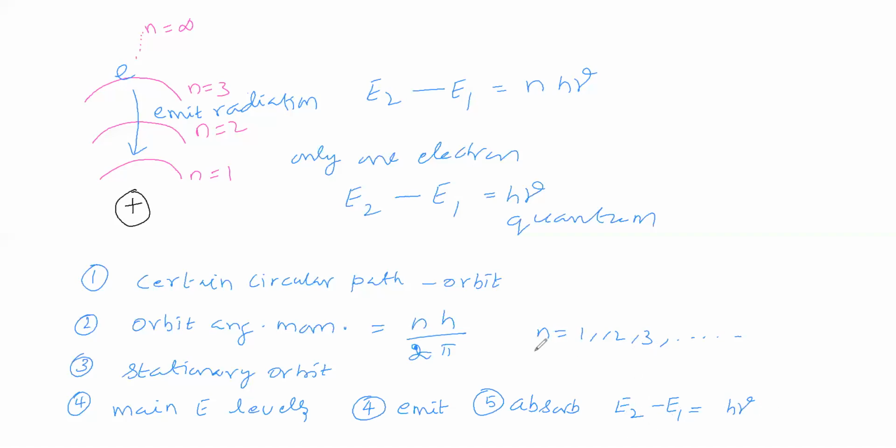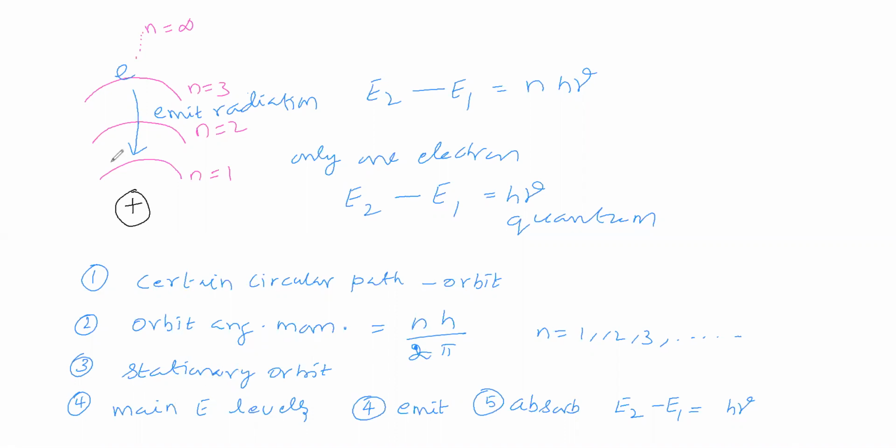So Niels Bohr's first postulate is that the electron revolves around the nucleus in a certain circular path called an orbit. The orbit has angular momentum, that is nh by 2 pi, where n is equal to 1, 2, 3, etc. This orbit is called a stationary orbit. Stationary orbit means its energy is constant and its angular momentum is constant.